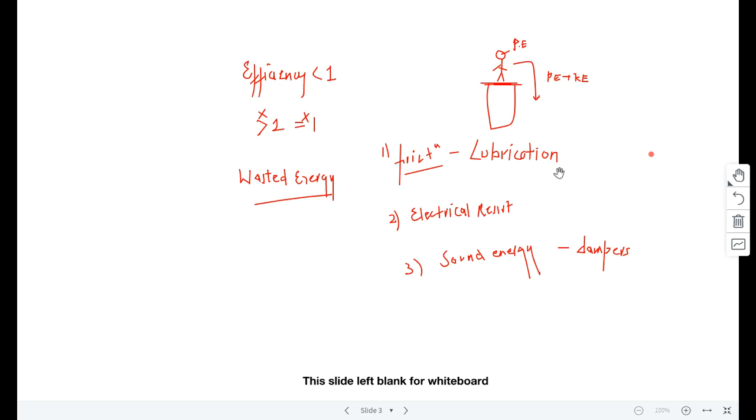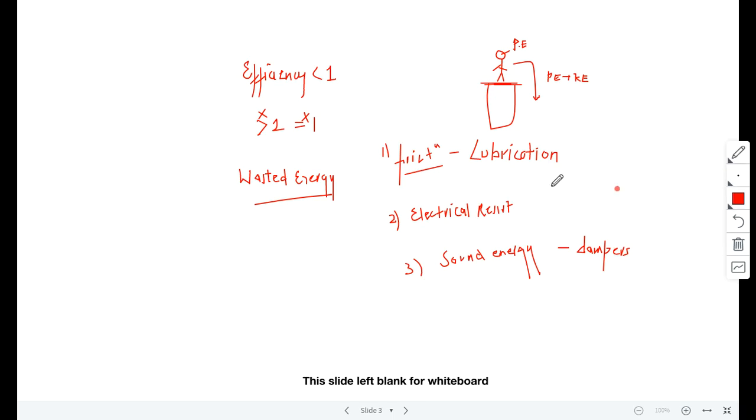So, in terms of energy, how can we calculate the work done? Like in terms of force, we know work done is force into distance. But in terms of energy, how can we calculate the work? First, you tell me what's the formula of calculating kinetic energy.